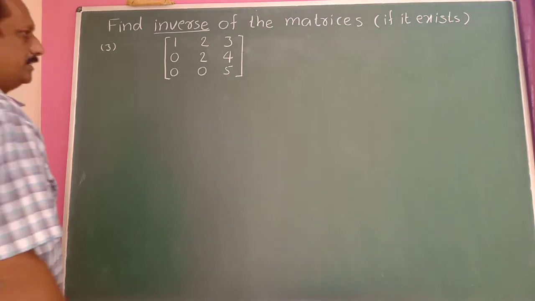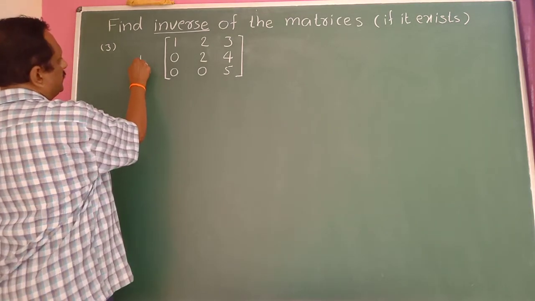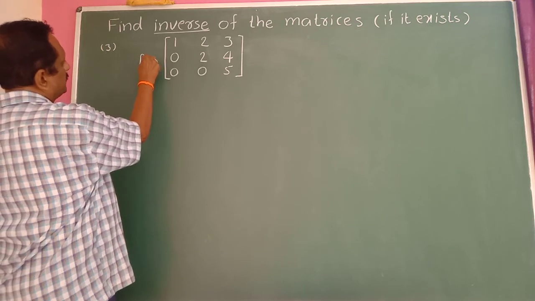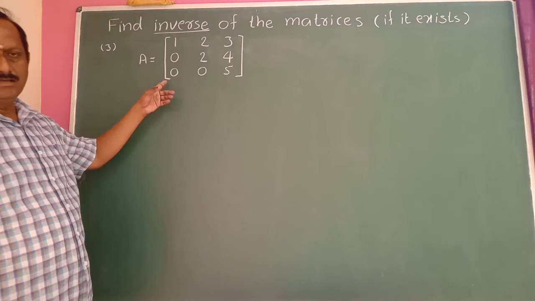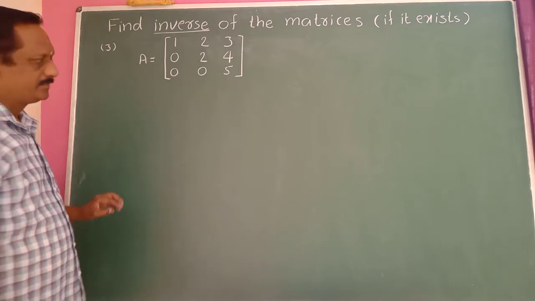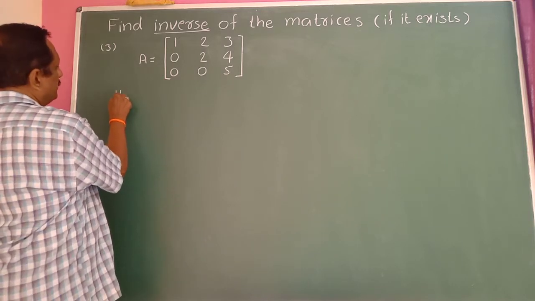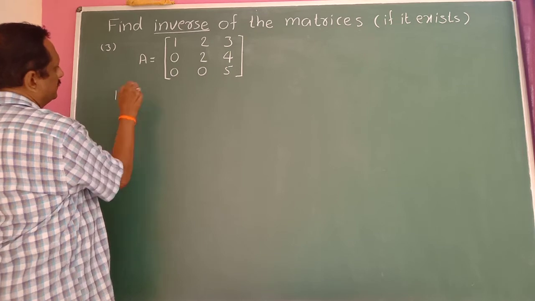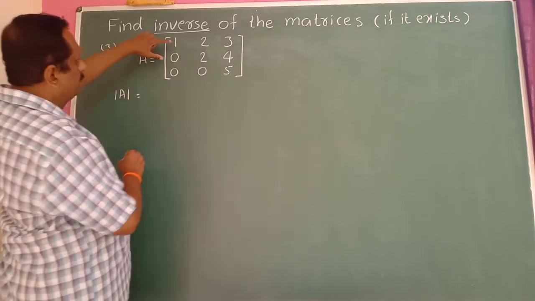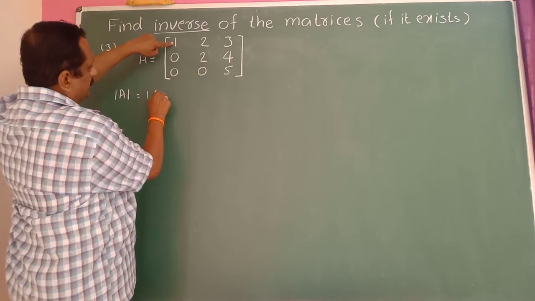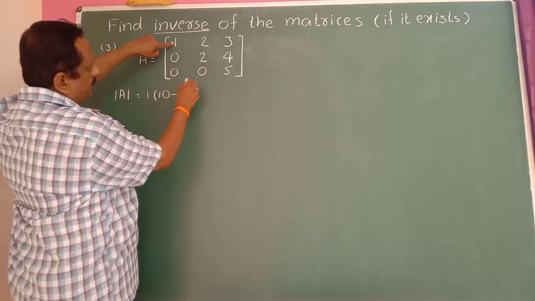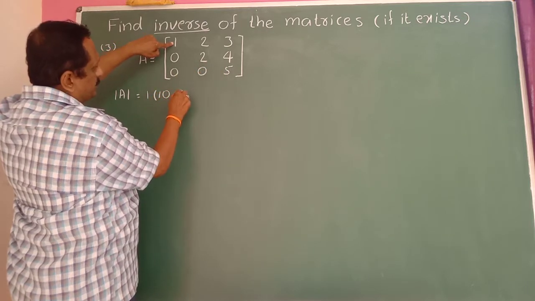So third example here. This is a given matrix. Take the given matrix as A, to check whether it is a singular or non-singular matrix here. Therefore, determinant of A is equal to 1 into 2 5s are 10 here, minus of 4 into 0 becomes 0 here.